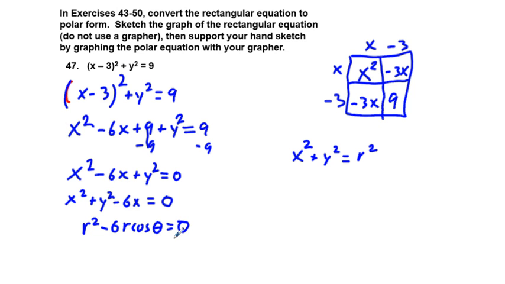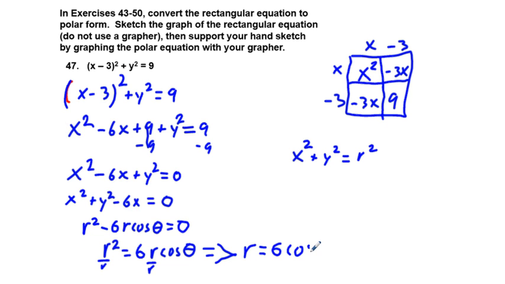And if we add 6 r cosine theta to each side, we have r squared is equal to 6 r cosine theta. Now we can divide both sides of this equation by r. So I'm going to work to the right here. So we're going to get r equals 6 cosine theta. Okay, let's go ahead and work this out.